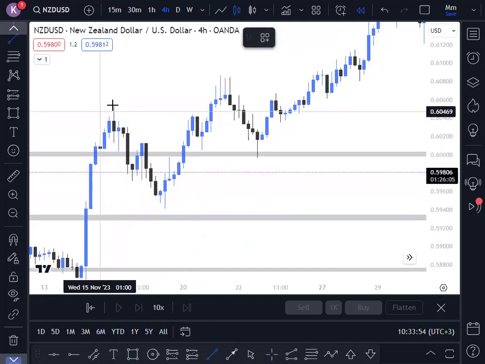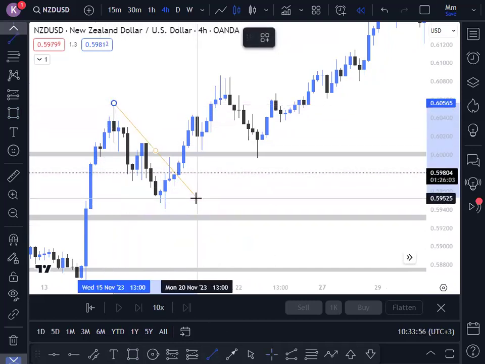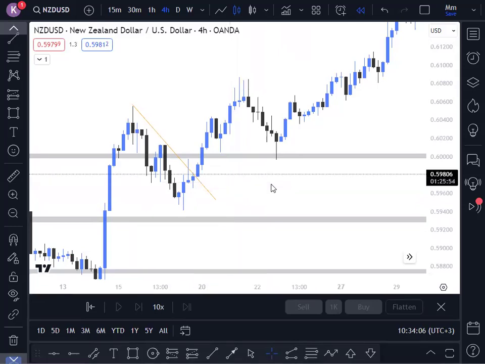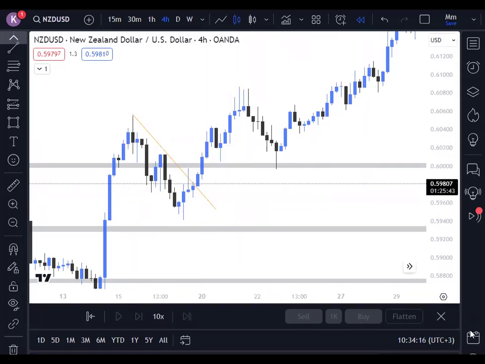So the market moves in a way of structure, and you have to understand market structure if you want to identify those support and resistance key levels. So you must keep on learning market structure, and you will understand how the market works when it comes to resistance and support key levels.